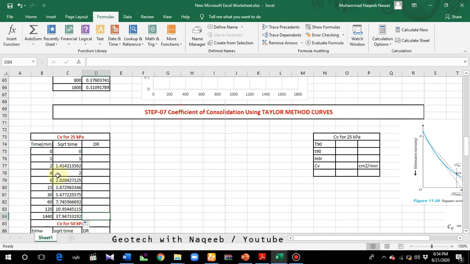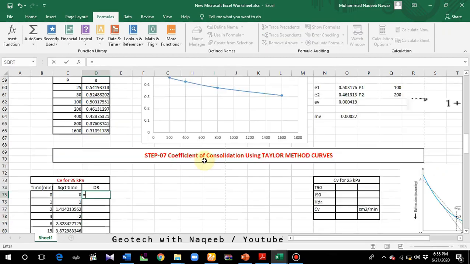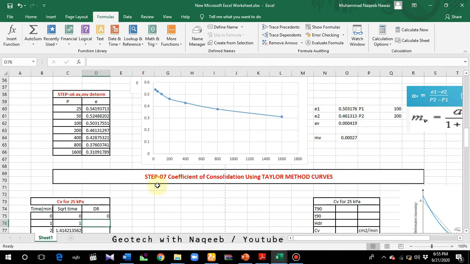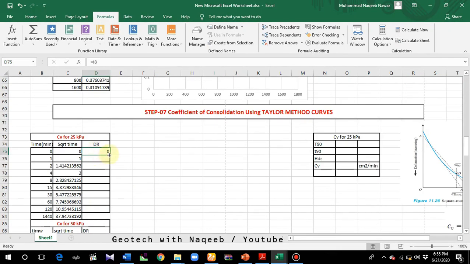So these are the square root time values. Now I will have to select the dial readings, from here, this one. I'll not be applying the dollar sign, because this is not fixed. Now the dial readings are there.